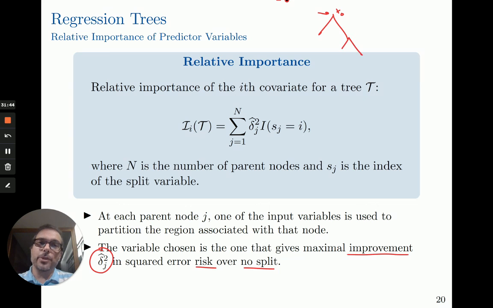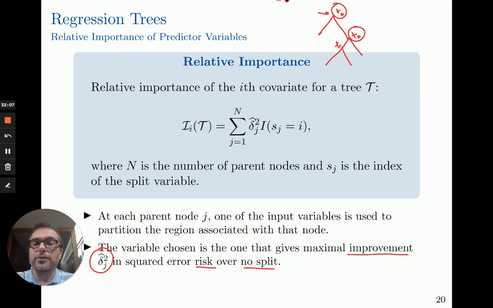Okay? So imagine now that we have a tree like that. The second split is still x0 and the first one is x1. So the relative importance of x0 will be the decrease in MSE of the first split plus the decrease in MSE of the second split.